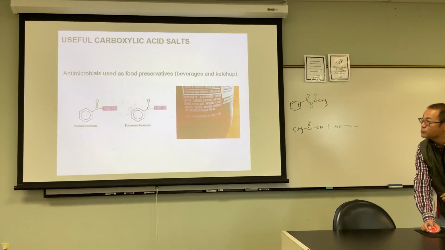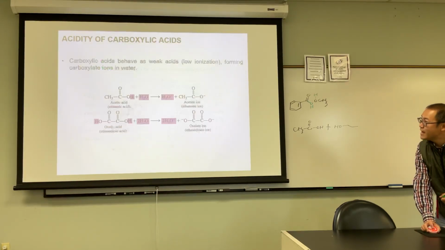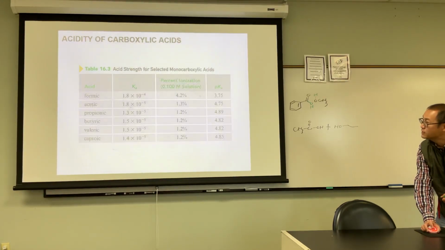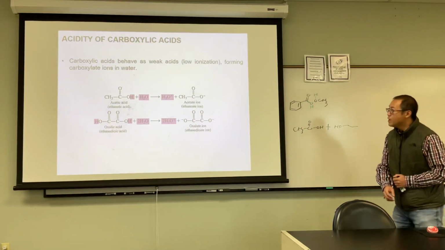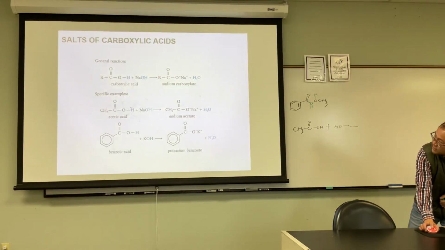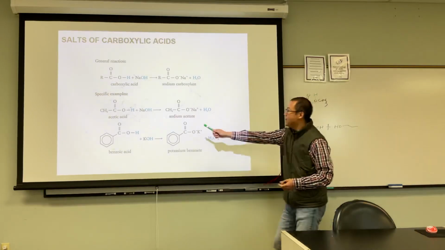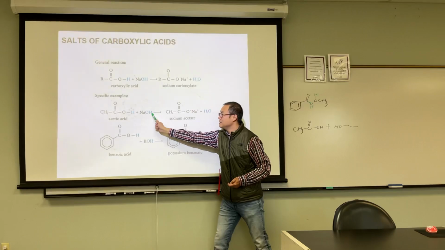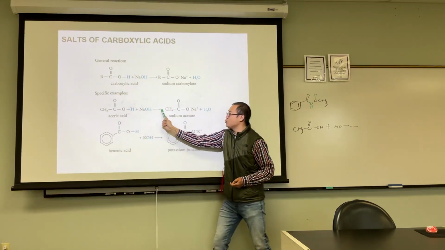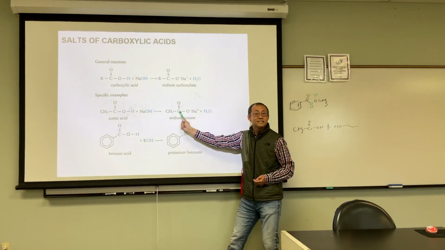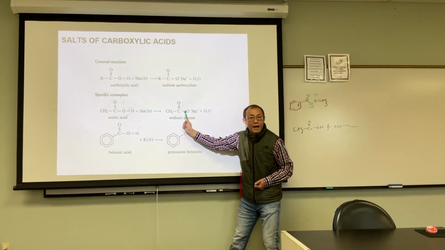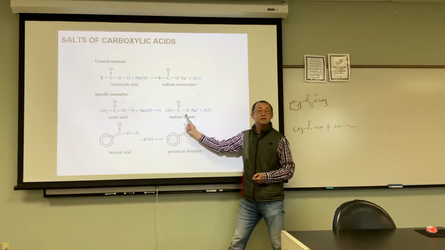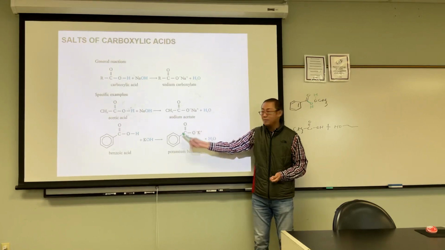We have seen this reaction here, and you all practiced it. When you have an acid with a base, take a look. The COOH will be converted to COO minus and Na plus.